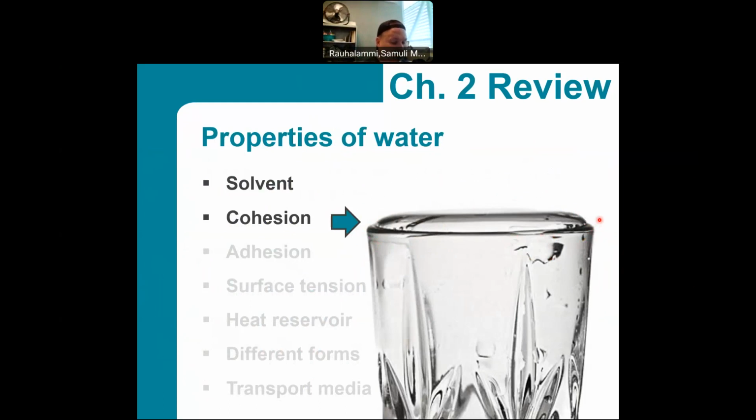This force of water molecules forming this surface that tends to stick together, when water molecules are attracted to other water molecules, is known as cohesion. Cohesion simply refers to the attraction of water molecules to other water molecules.